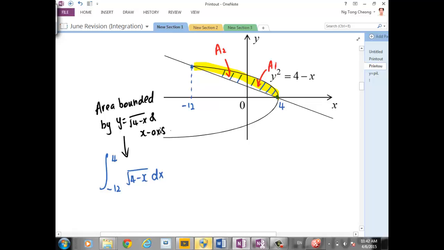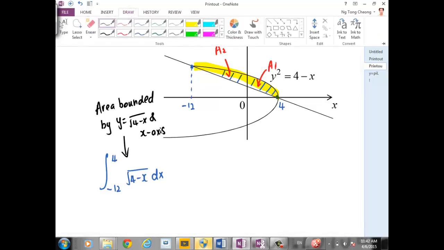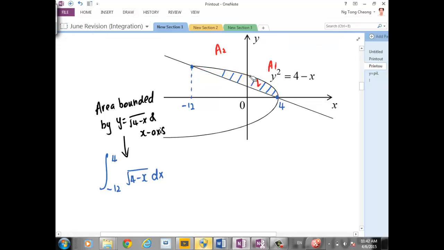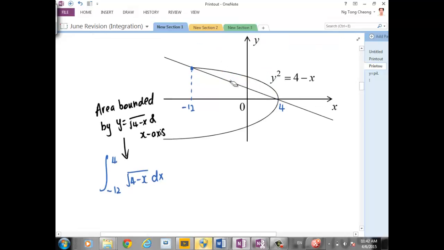So that's what I'm looking at. If I were to shade the region, basically the one I'm looking at now when I do the integral is this whole thing.